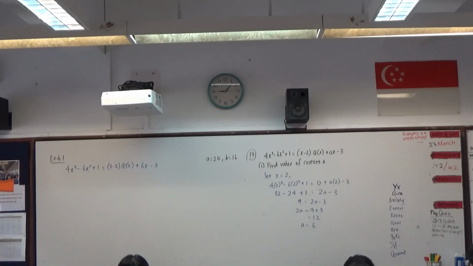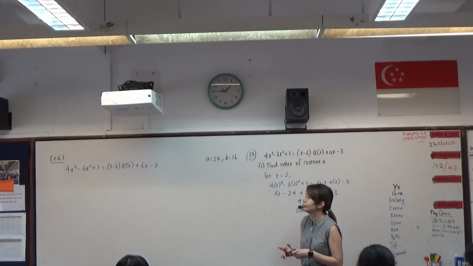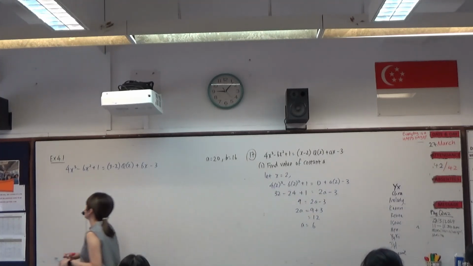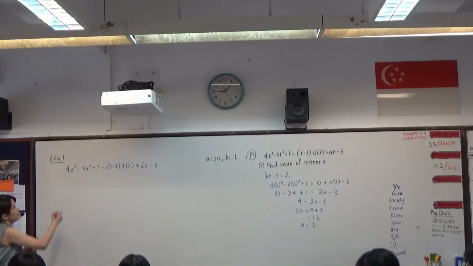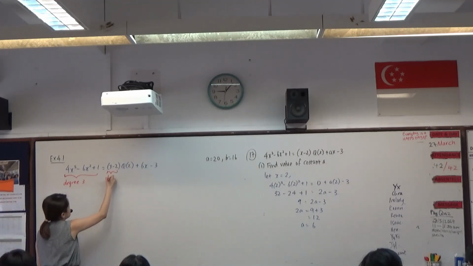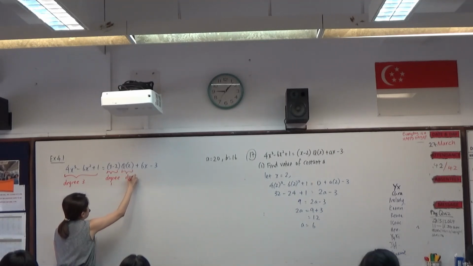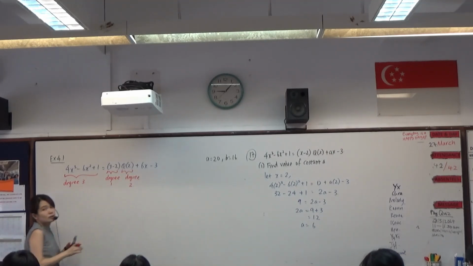My challenge to us is how can I find Q(x) without doing long division? Remember I mentioned that this is a degree what polynomial? 3, right? And this one is degree what? 1. So Q(x) should be degree what? It should be a degree 2.